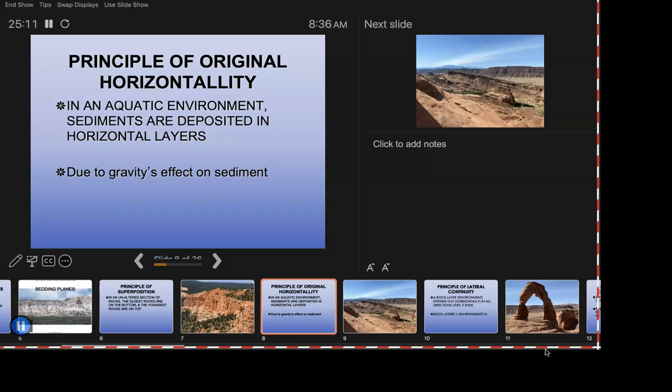A lot of our depositional sites are aquatic. You can get some land deposition, of course, don't get me wrong. But a lot of the stuff we see is aquatic in origin.